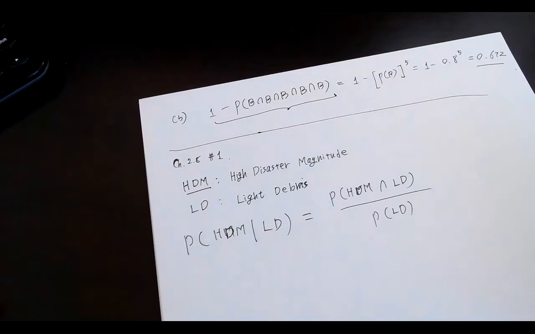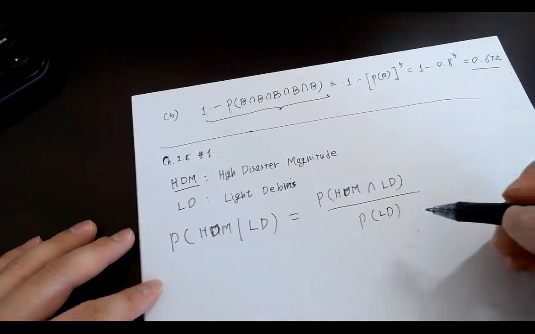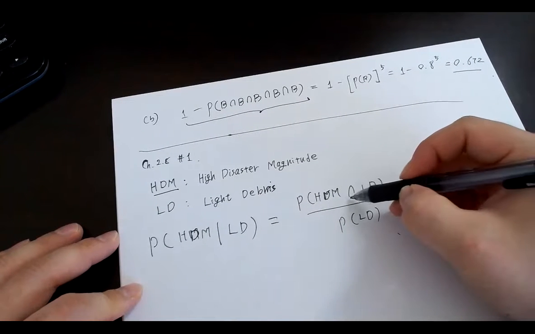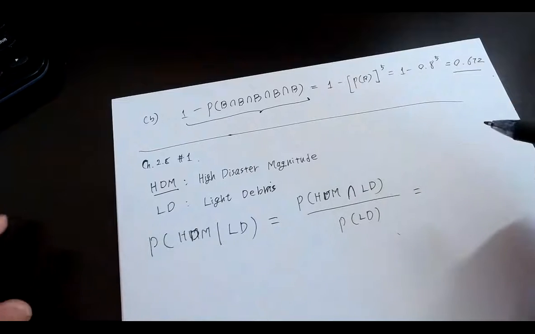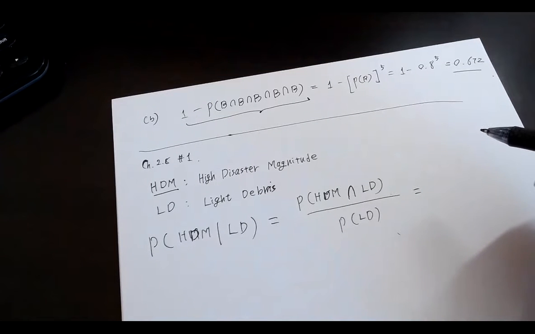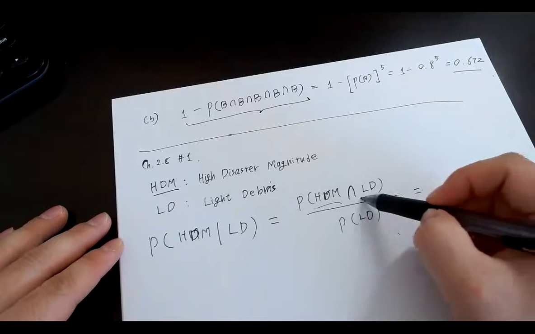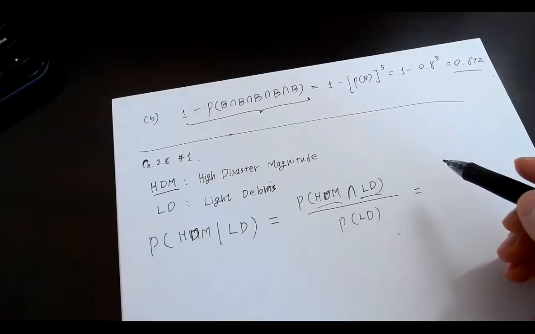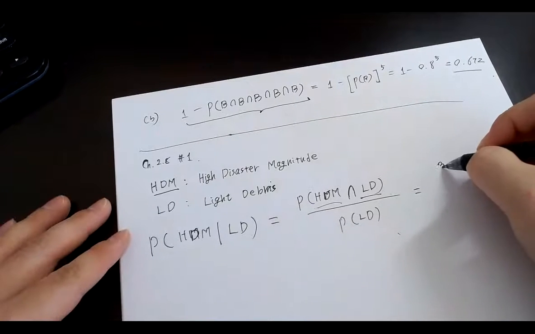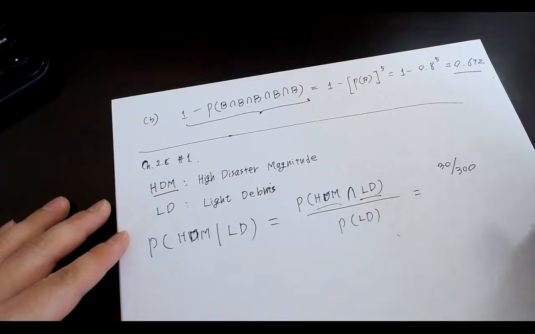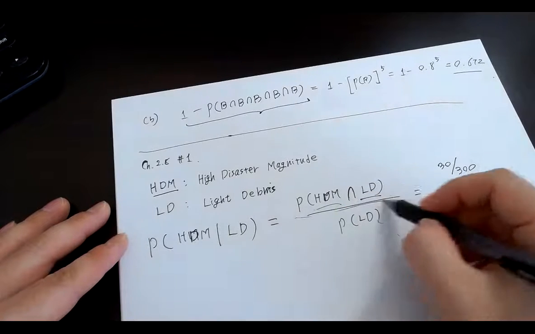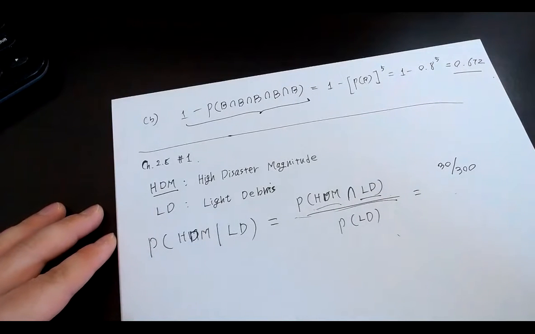The number of rows for each condition is given in the table, so it's easy to figure out the top and bottom. So now we need to find the number of rows having both conditions, HDM and LD, which is 30 out of 300 rows. That's the probability of HDM intersected with LD.